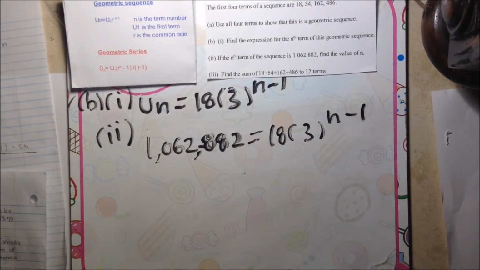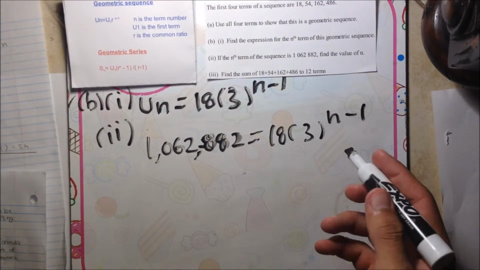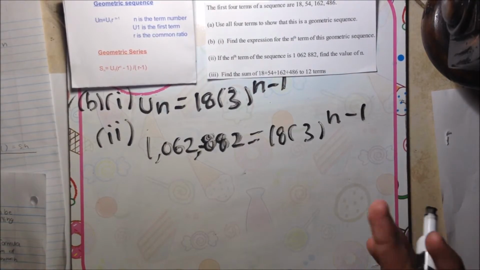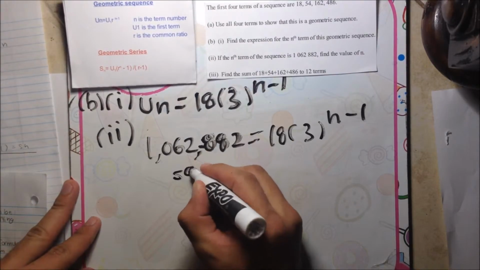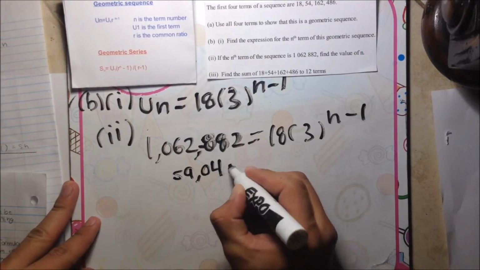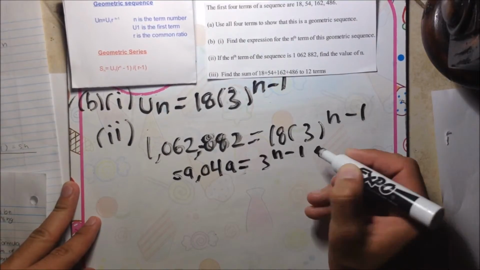And now we have to solve for n. Well, as you can see, 18 is outside the parentheses, so we can get rid of that in order to simplify the expression even more. So dividing this side by 18 will give us 59,049 equal to 3 to the power of n minus 1.